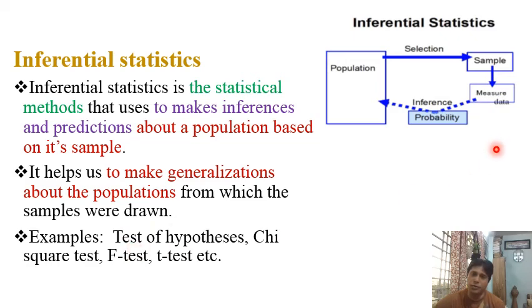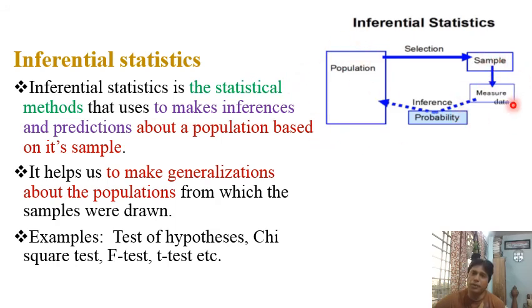Test of hypothesis, chi-square test, F-test, and T-test are all used in making inferential decisions from the samples. In the practical world, we cannot take into consideration all these figures, all this data in a related field. We have to use a sample.